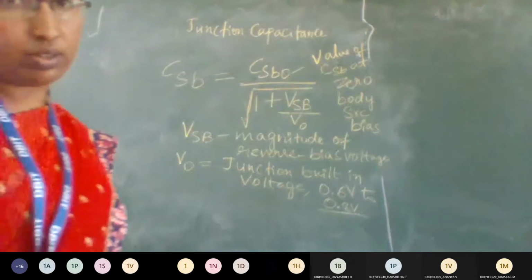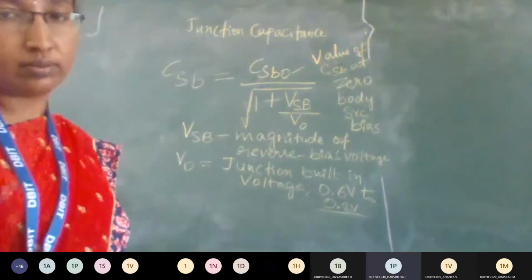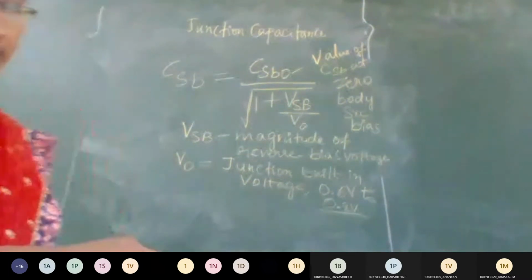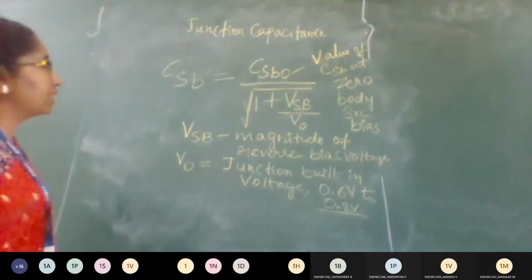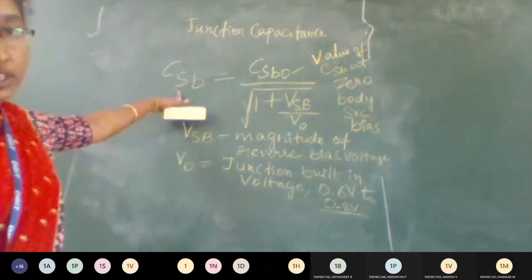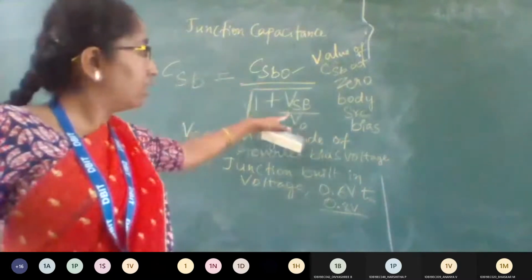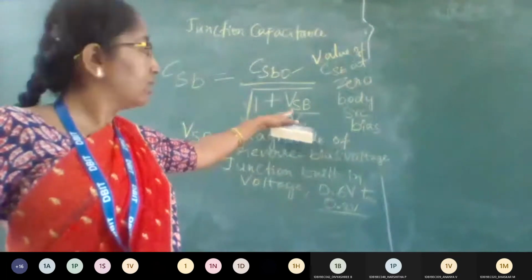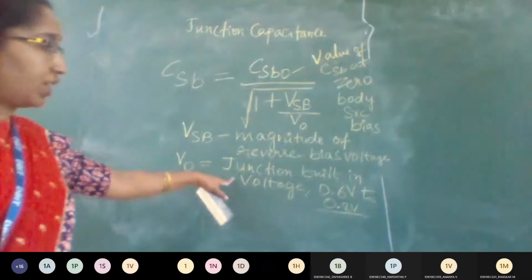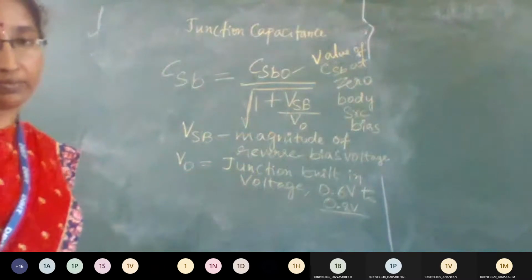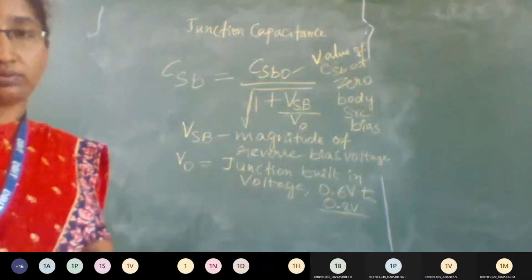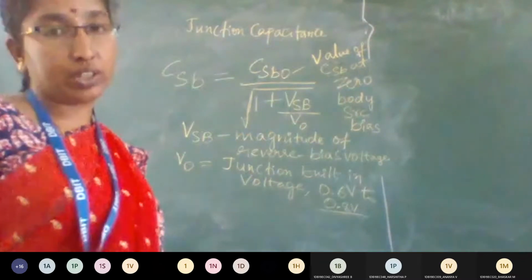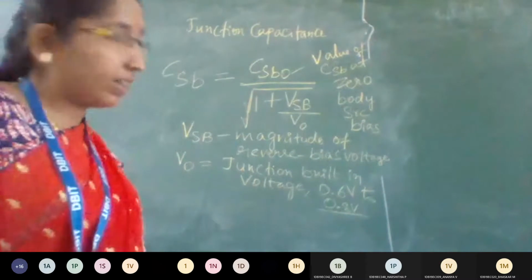Is this clear with source body? Yes, ma'am. Similarly, drain diffusion capacitance will be the same thing. Change into CdB, CdBO, VDB, the drain bias voltage. V0 is the same, junction built-in voltage 0.6 to 0.8, because the junction is formed between a PN junction, that is the silicon value, 0.6 to 0.8 volt.